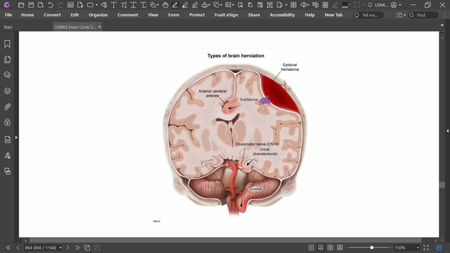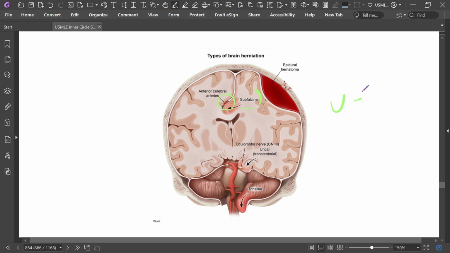This is subfalcine herniation. Look at subfalcine herniation. Here the anterior cerebral artery, the ACA, can be compressed. ACA compression can cause leg weakness. So in subfalcine herniation, ipsilateral ACA compression can cause contralateral weakness. Then uncal herniation.